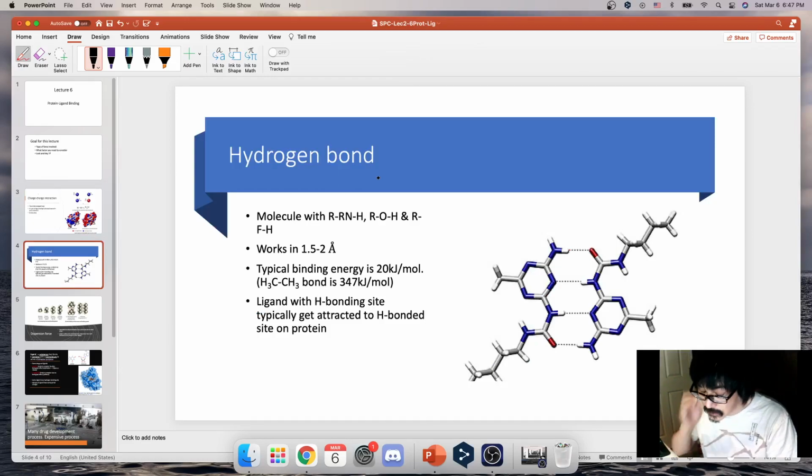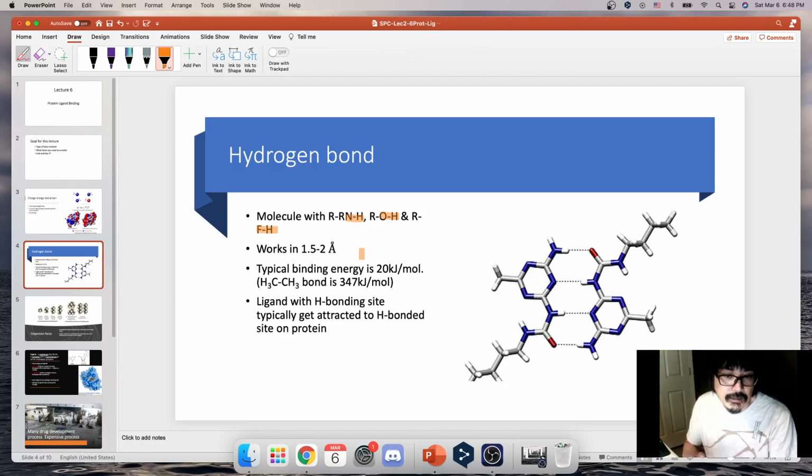Another interaction that we should consider is the hydrogen bond. Obviously, that's important. You can have a hydrogen bond only if a molecule has a direct connection between N and H, or O and H, or F and H. If you don't have a direct connection between nitrogen and hydrogen, or oxygen and hydrogen, or fluorine and hydrogen, then you can't have a hydrogen bond.